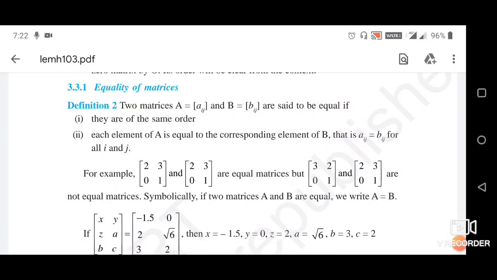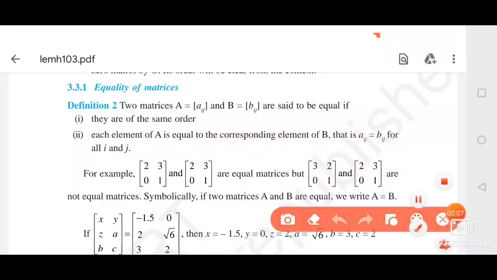Equality of matrices, our next condition is point number 2. Each element of A is equal to the corresponding element of B. That is, a_ij is equal to b_ij for all i and j. Now, here i and j can take what values?